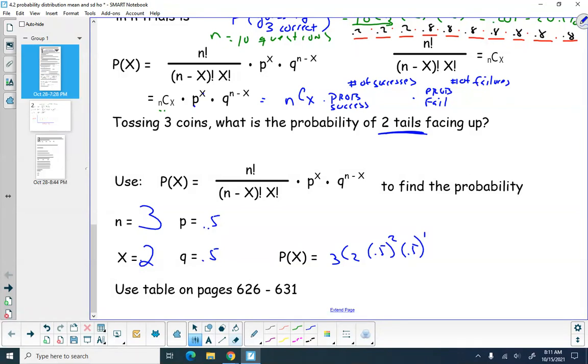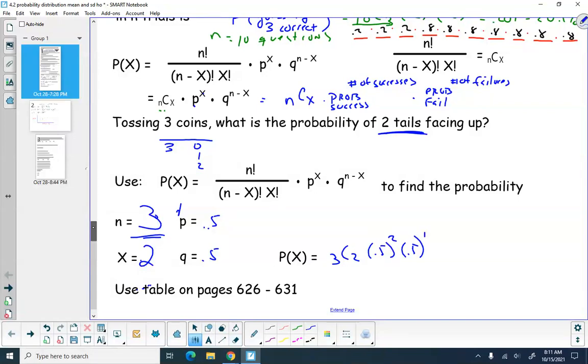In this case, we have an N of 3. So I go down to my N value of 3, which is the second group, and go to the X of 2 within that group. So we have 3, then a 0, 1, and a 2. We go to the 2, and then we slide our finger across to a p-value of 0.5. We get 0.375.